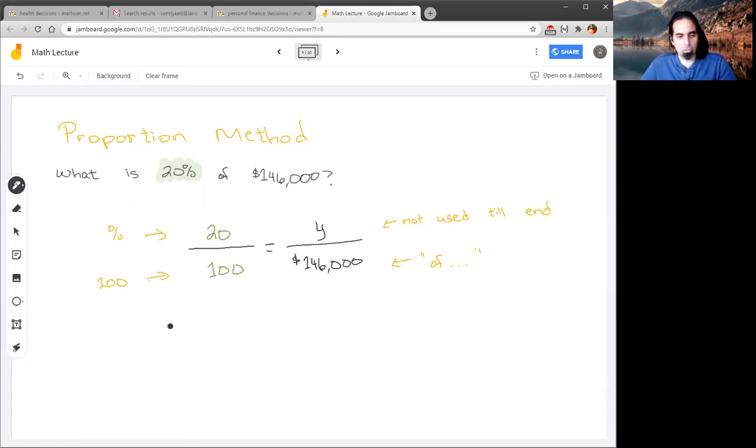Then we can solve this by cross multiplying. There's a shortcut that we used a bunch yesterday, but I'm going to not use the shortcut today just for variety's sake. Okay. So 20 times 146,000.